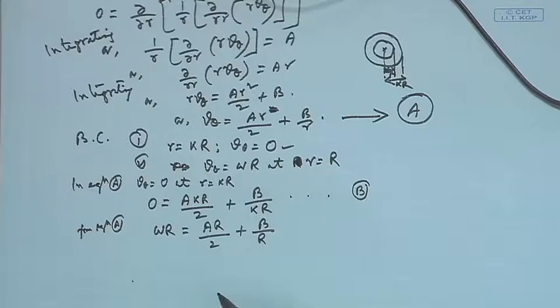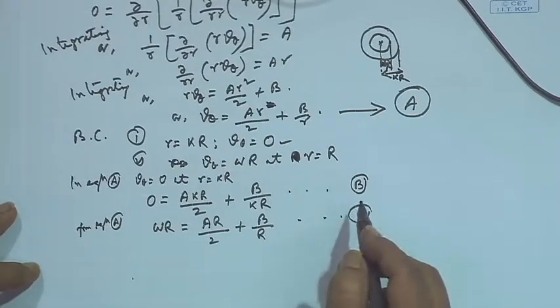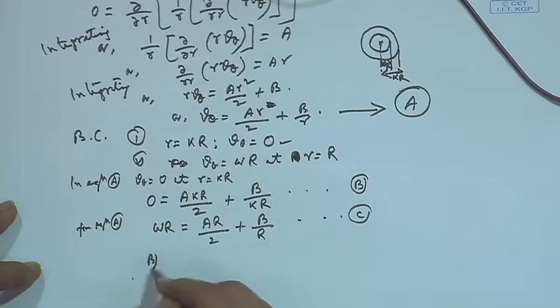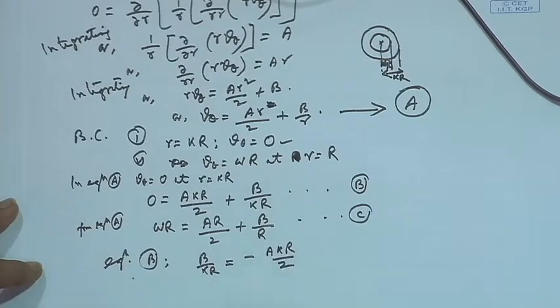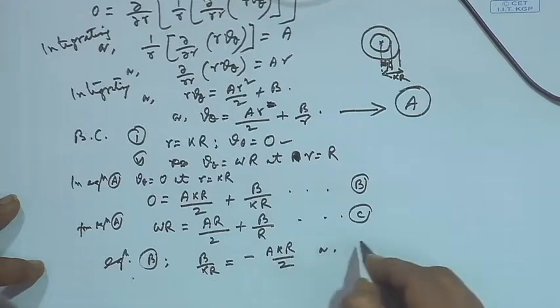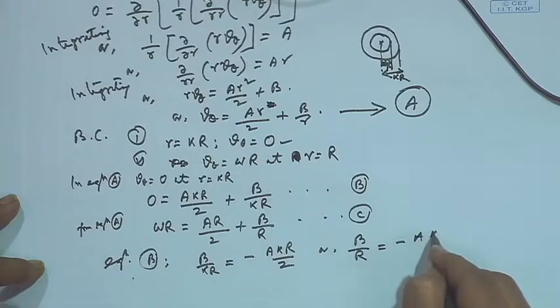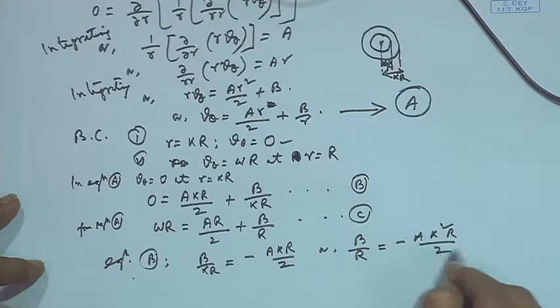This is C. So, by substituting 1, from B we can write b by kR is equal to minus a kR by 2, or we can write b by R is equal to minus a k square R by 2.